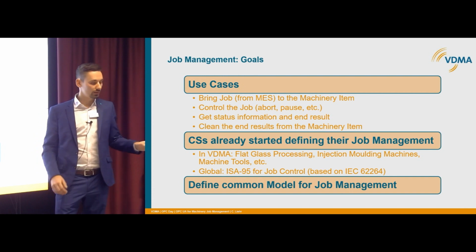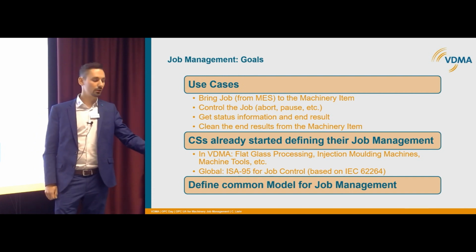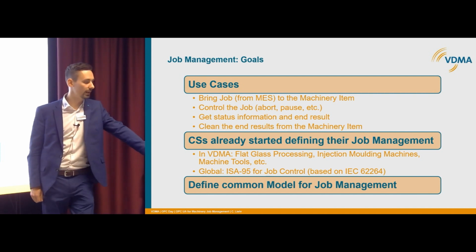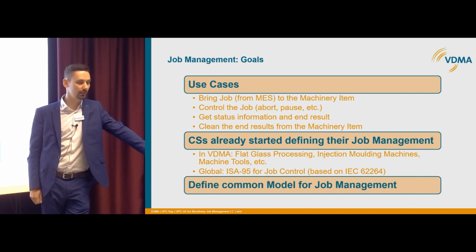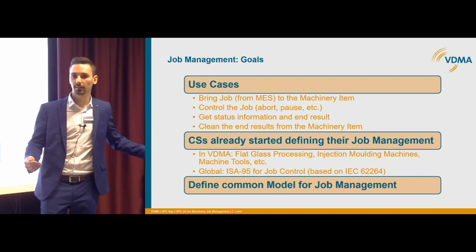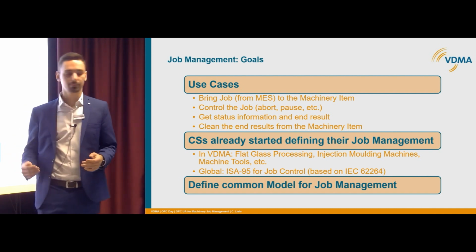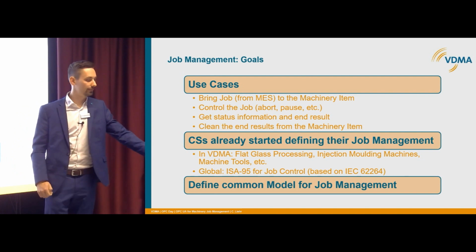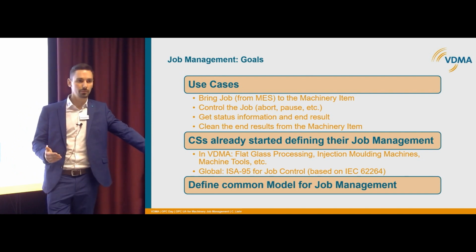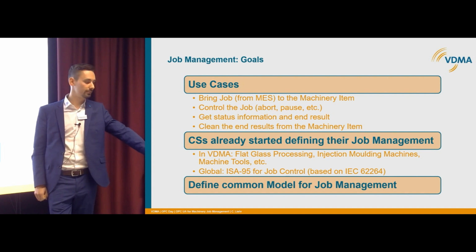But the most important group that already worked on job management was the ISA 95 group for job control, based on the IEC 62264. And for us it was very important to take into consideration this specification and have a deeper look at it.